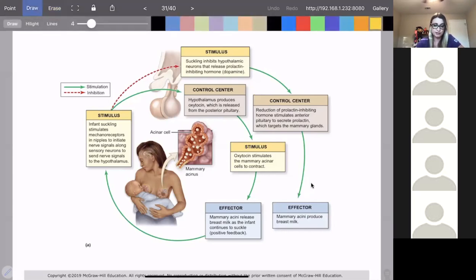What else about nursing? The composition of breast milk changes even from morning to the evening, and it changes as the baby is growing to meet its needs. So the mom's body senses or knows what the baby needs, and the composition will change. There are known growth spurts that babies have, and during these growth spurts they will nurse nonstop.